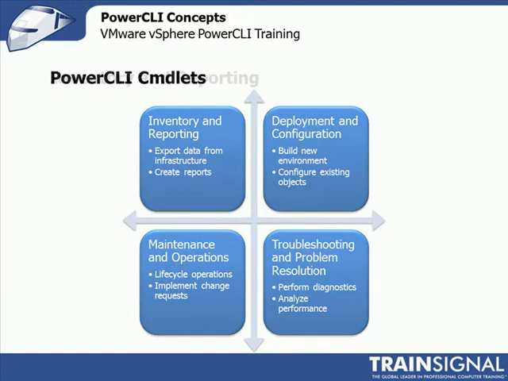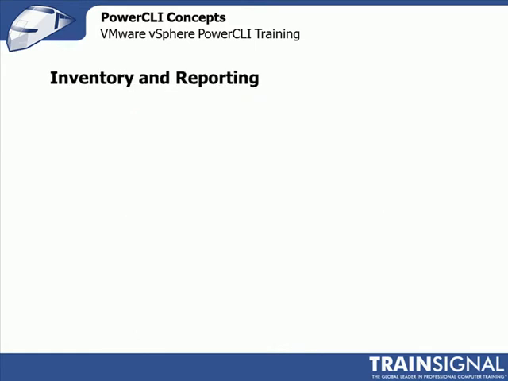First, let's talk about inventory and reporting. In PowerShell, everything is based on the concept of a commandlet, and commandlets have verbs and nouns. And the get verb is used to retrieve objects or retrieve information from somewhere. In this case, for PowerCLI, we're talking about retrieving information from vCenter, but it could be anything.